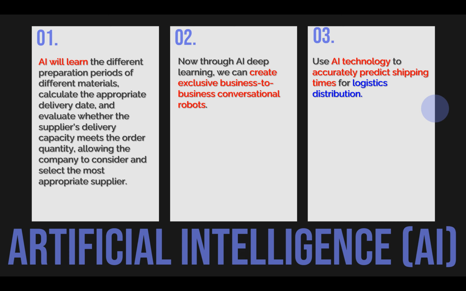Number 1, AI will learn the different preparation periods of different materials, calculate the appropriate delivery date, and evaluate whether the supplier's delivery capacity meets the order quantity, allowing the company to consider and select the most appropriate supplier. Number 2, now through AI deep learning, we can create exclusive business-to-business conversational robots.